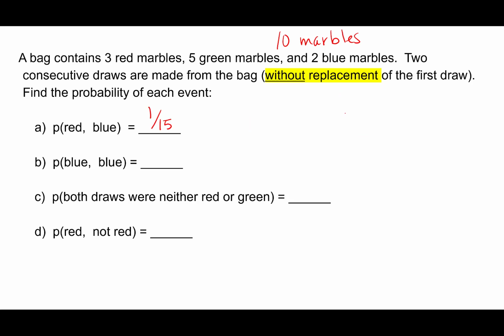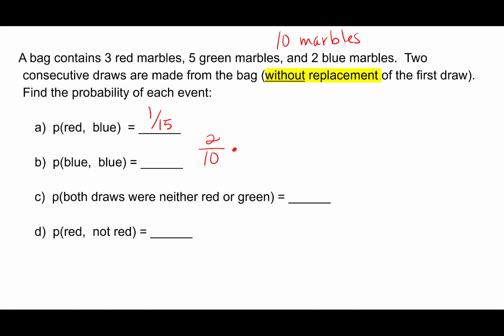Okay, the next question says, what is the probability that the first marble will be blue and the second marble will be blue. Okay, for the first marble to be blue, there's 2 blue marbles at the very beginning out of a total of 10 marbles. We're going to multiply that by the fraction. Let's think about this.